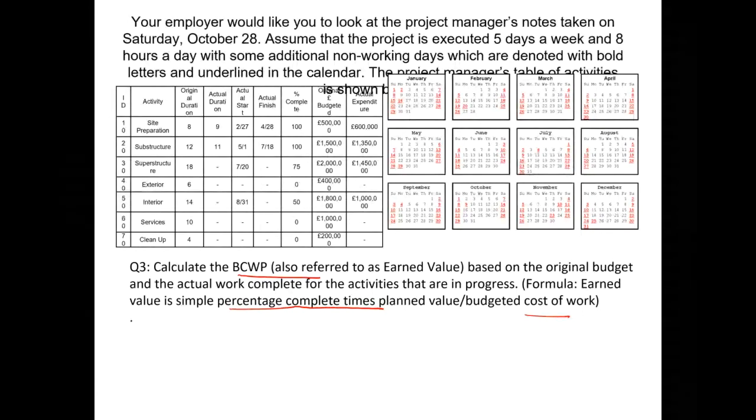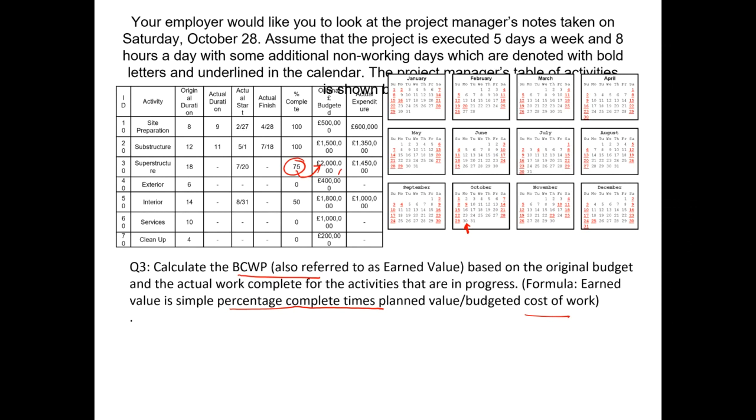So we are being asked to calculate the earned value. So the first activity which is in progress is this superstructure. And if we look at what value we have earned, the total original budget of this job was £2 million, and we have accomplished, by the reporting date of 30th of October, 75% of the work.